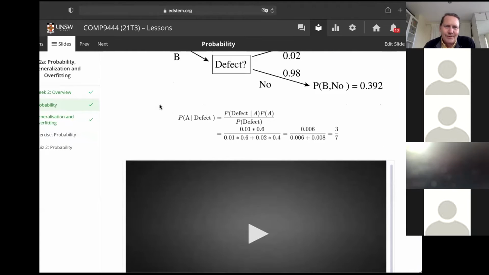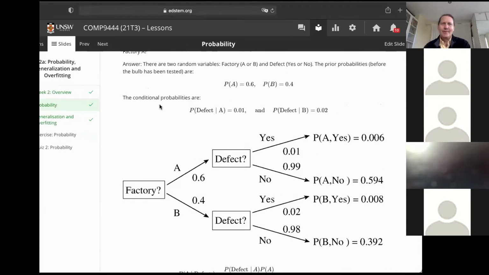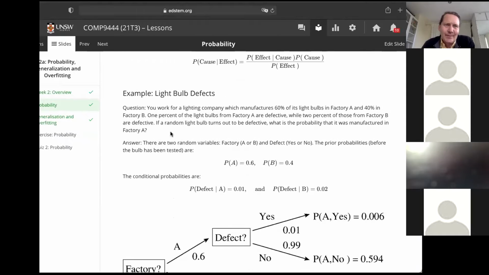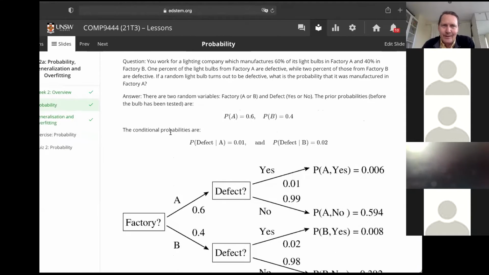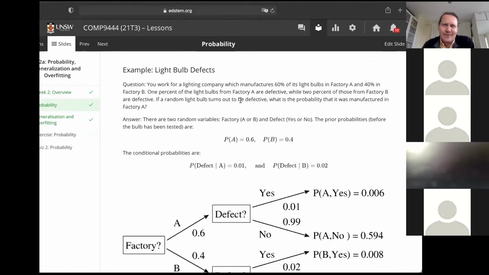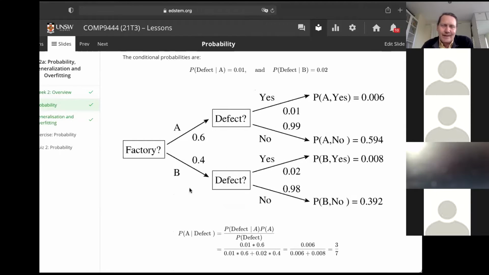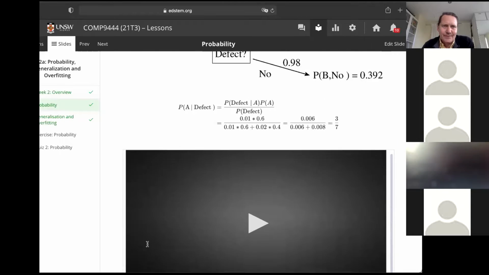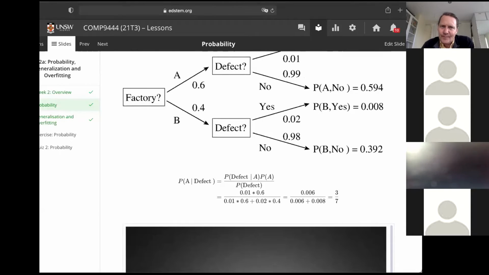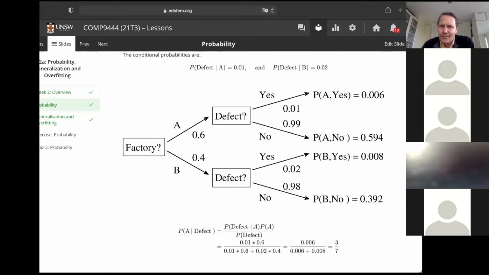I'm not sure if there's a medical diagnosis example in the video, but here's another example where light bulbs are coming out of two different factories, and you have to guess the probability of whether it came out of factory A or B. So these are standard applications of Bayes' rule.